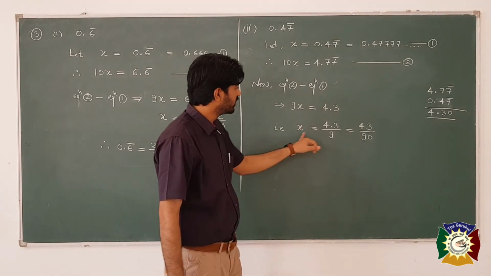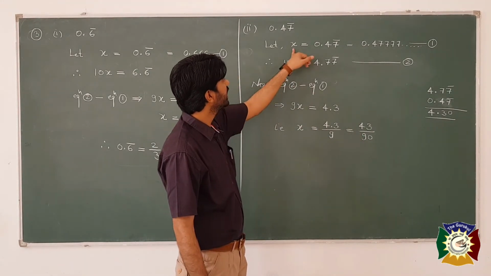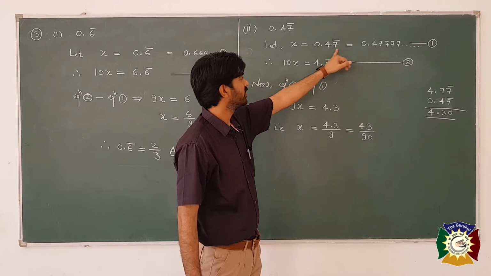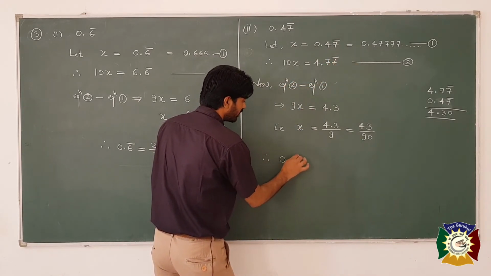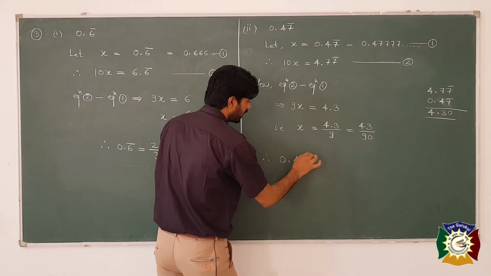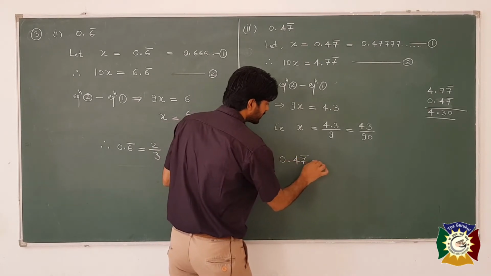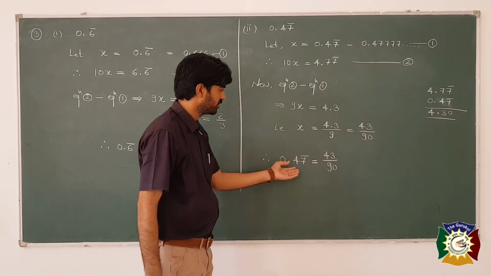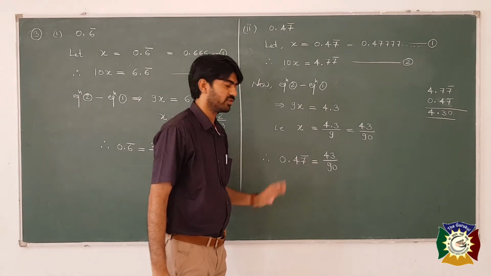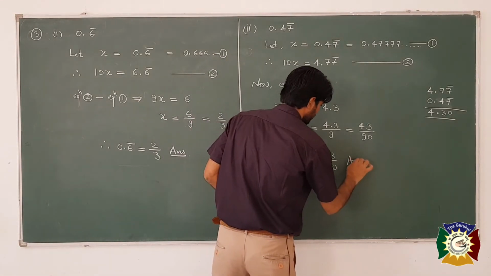Okay. So this is value of x, and what was x? X is equal to 0.47 and bar on 7. Therefore 0.47 and bar on 7 is equal to 43 by 90. So this number is converted in P by Q form, and this will be our answer.